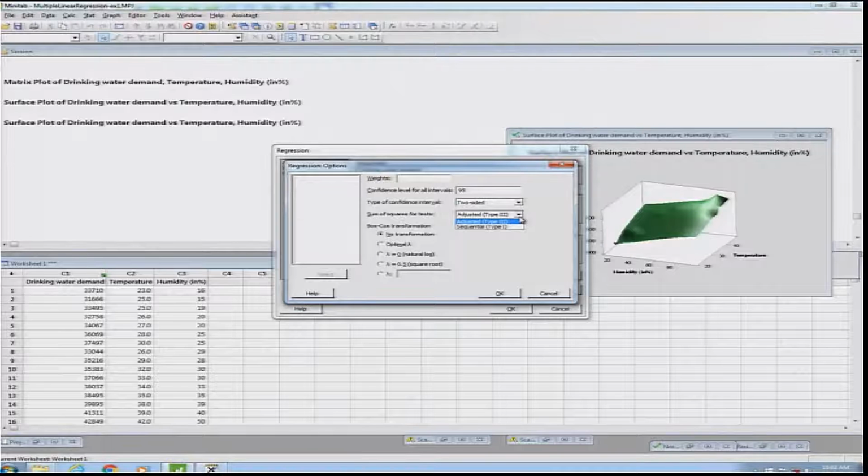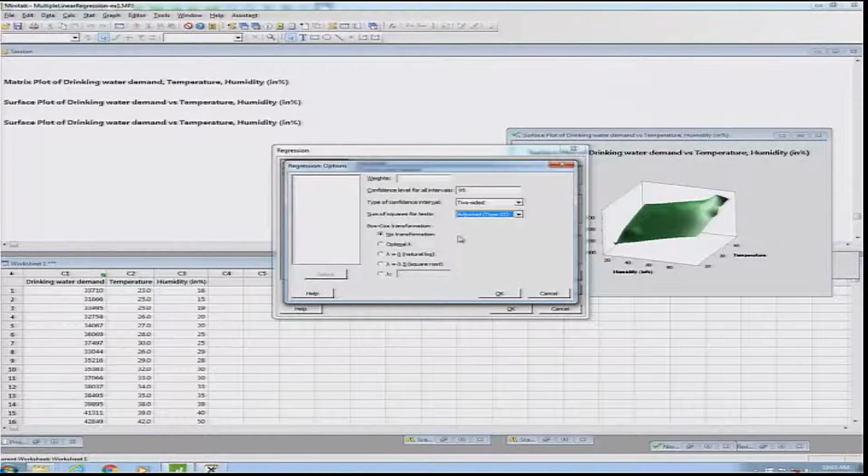Now, when we want to find the sum of squares, there are two options: the adjusted sum of squares or the sequential sum of squares. But in the case of linear regression analysis, we are interested in the simple sum of squares, which is called the adjusted sum of squares here. Adjusted has some other meaning, but that is beyond the scope of this lecture.